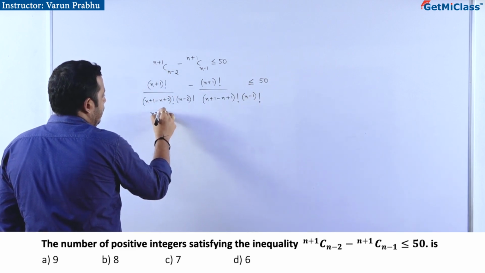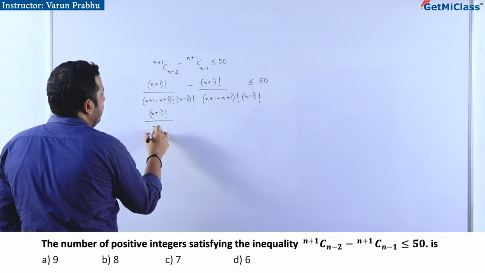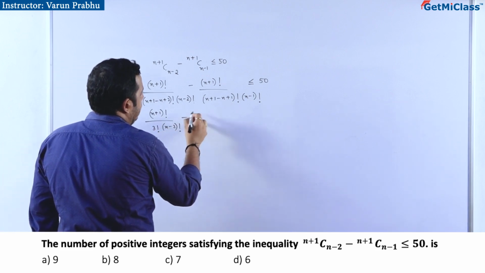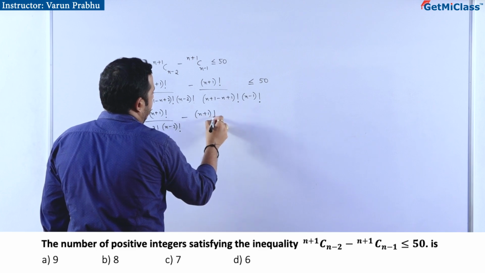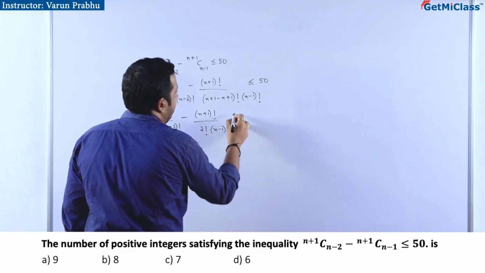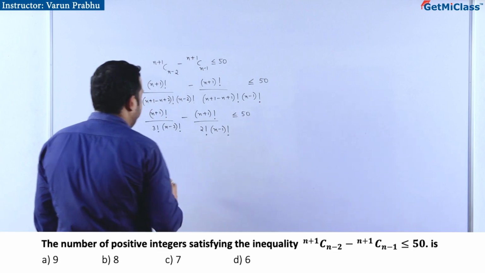So (n+1)! divided by 3! into (n-2)!, minus (n+1)! divided by 2! into (n-1)!, less than or equal to 50, correct?